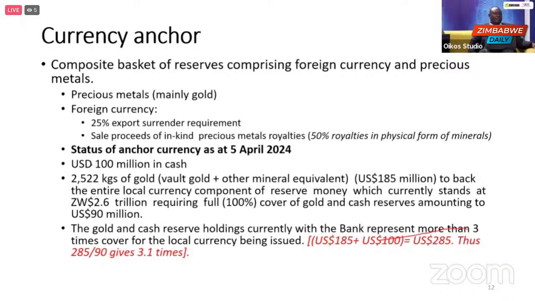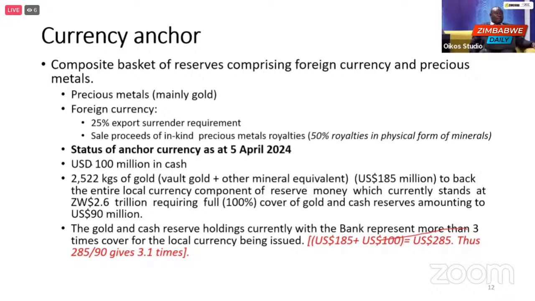What is the status of anchor currency as at 5 April 2024? So where I'm trying to drive to is to just check on the amount of import cover that we have to sustain our local currency.